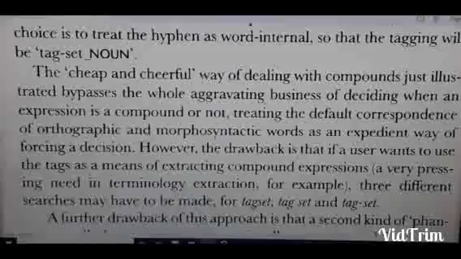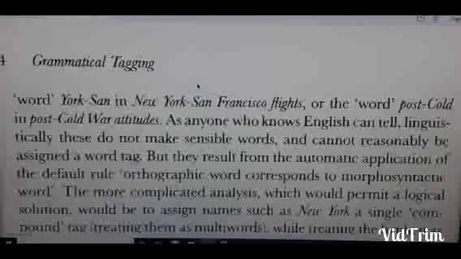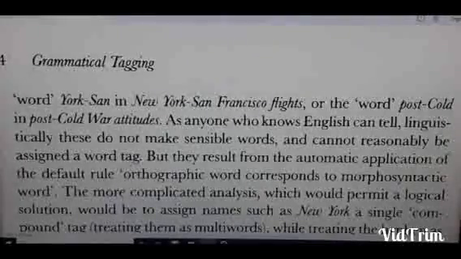A further drawback of this approach is that a second kind of phantom word phenomenon may occasionally occur, exemplified by the word York-San in New York-San Francisco flights, or the word post-Cold in post-Cold War attitudes.